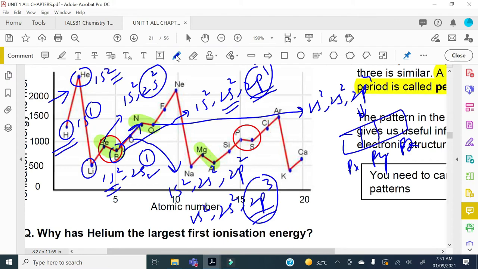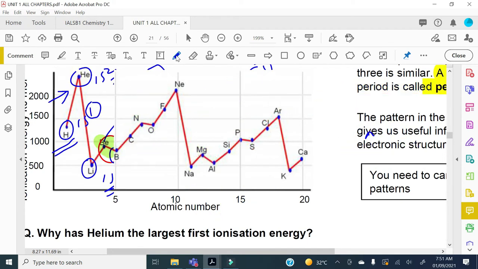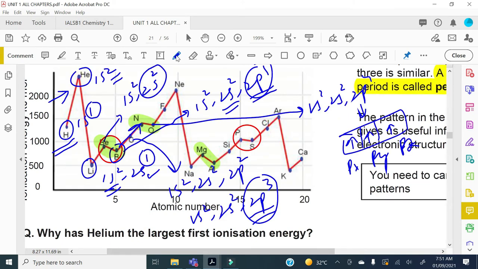Okay, one electron, and one electron. So there are 3 electrons which are facing up, and there is 1 electron left now. Now this is a highly stable condition. When p has 3 electrons, it is a highly stable condition.